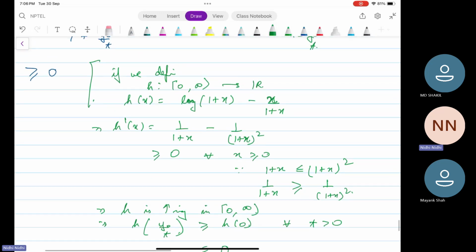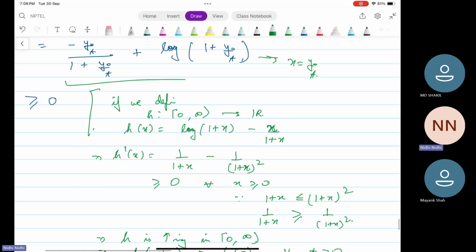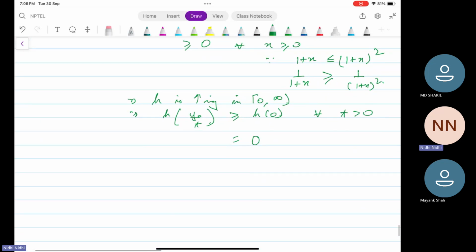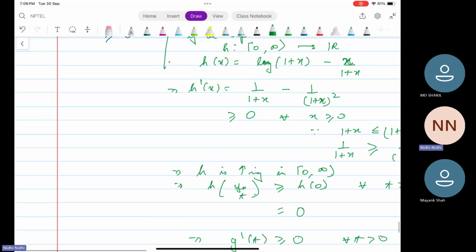And what is h of y naught by t minus this term? You know that this is equal to h at y naught upon t, and this was g dash t. This implies g dash t is greater than or equal to 0 for every positive t.